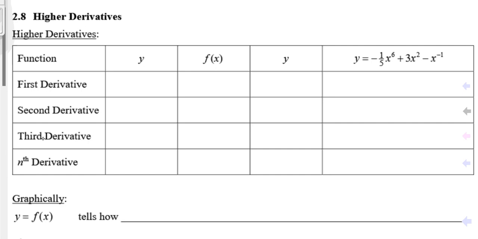Here we go. Last lesson of the chapter. We likely won't finish it today because we're doing higher derivatives, as we talked about yesterday, which means we'll take the derivative of a derivative, and maybe the derivative of a derivative of a derivative of a derivative.